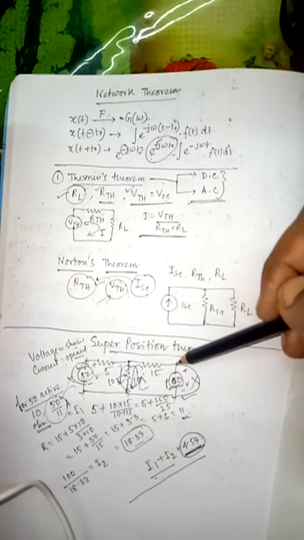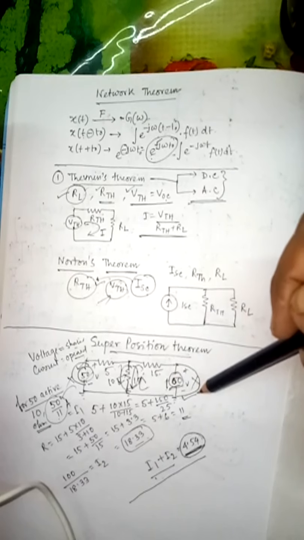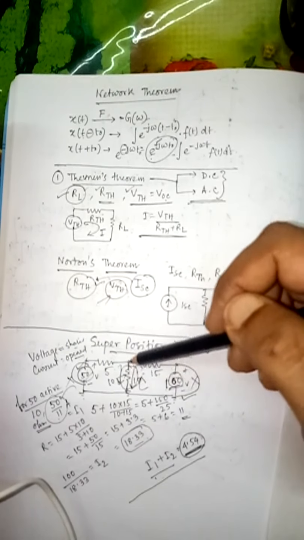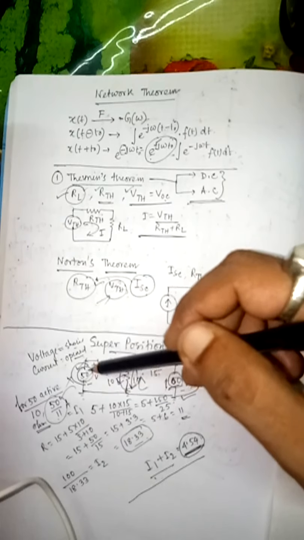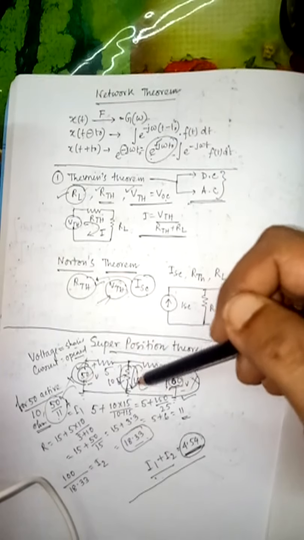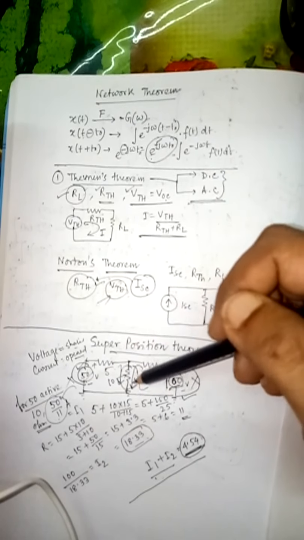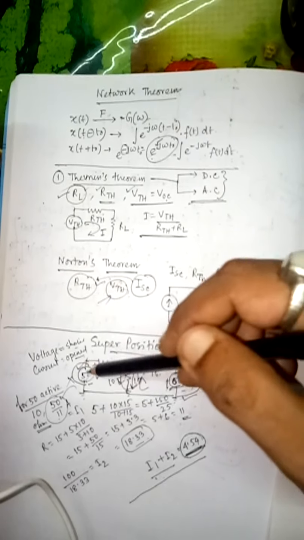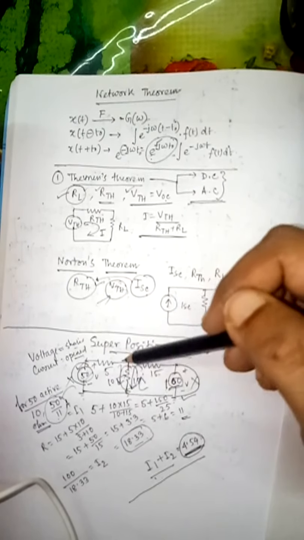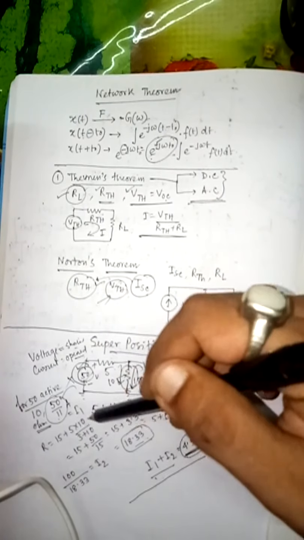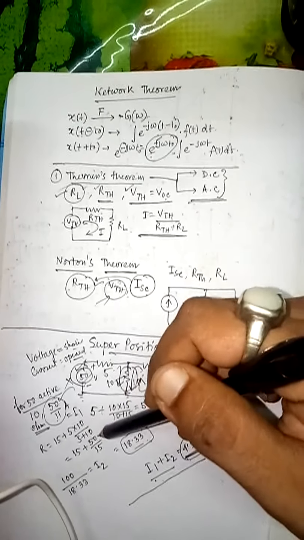First of all, you make the other source short, and the total current for this branch is governed by the 50 volt source. So we calculate this as 50 by 11. Now again, just make the other one short. The 5 and 10 are parallel to each other, so it is 5 cross 10 by 5 plus 10, so 50 by 15.